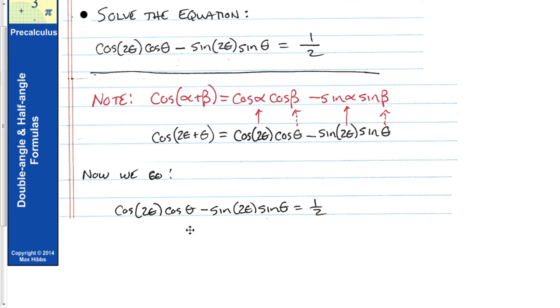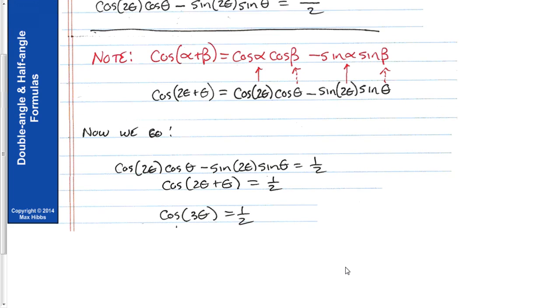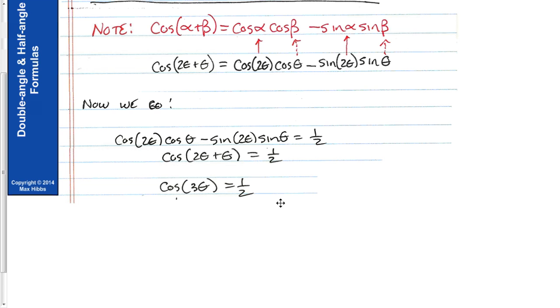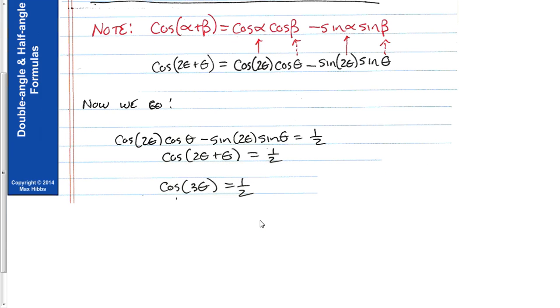I'm going to replace this left side by looking at the diagram I've drawn here and rewrite the left side, of course, as the cosine of 2 theta plus theta, and of course that's equal to 1/2. And 2 theta plus theta, of course, is 3 theta. So now my equation looks a little more reasonable.